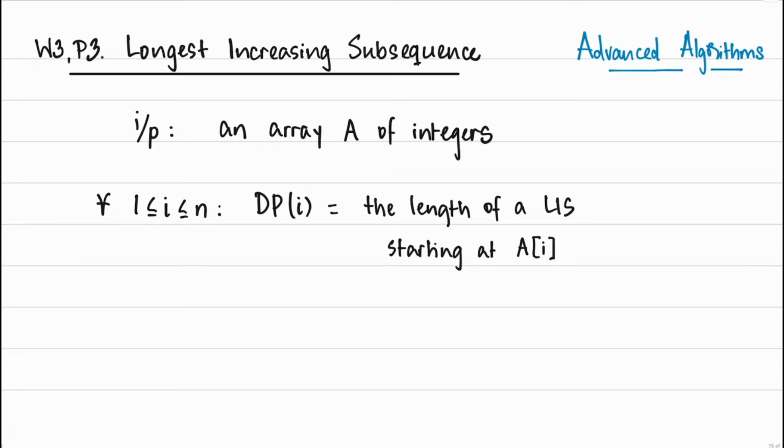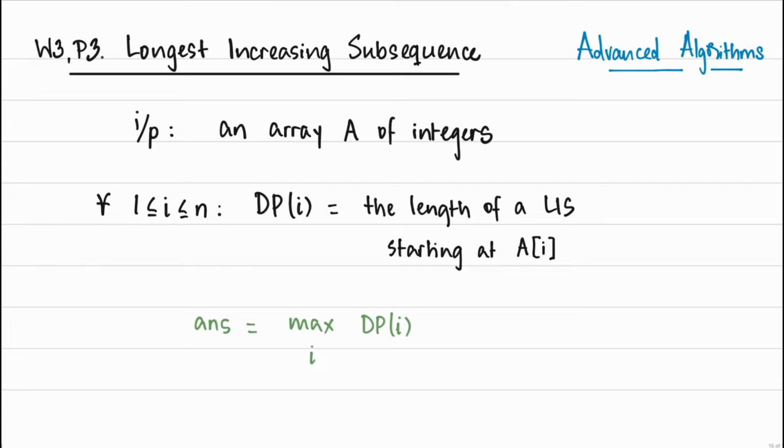And again, let's go through our checklist and figure out if these values are useful for us to store, and do they lead us to the final answer. And indeed, as we just discussed, the final answer is going to be the maximum of these values.